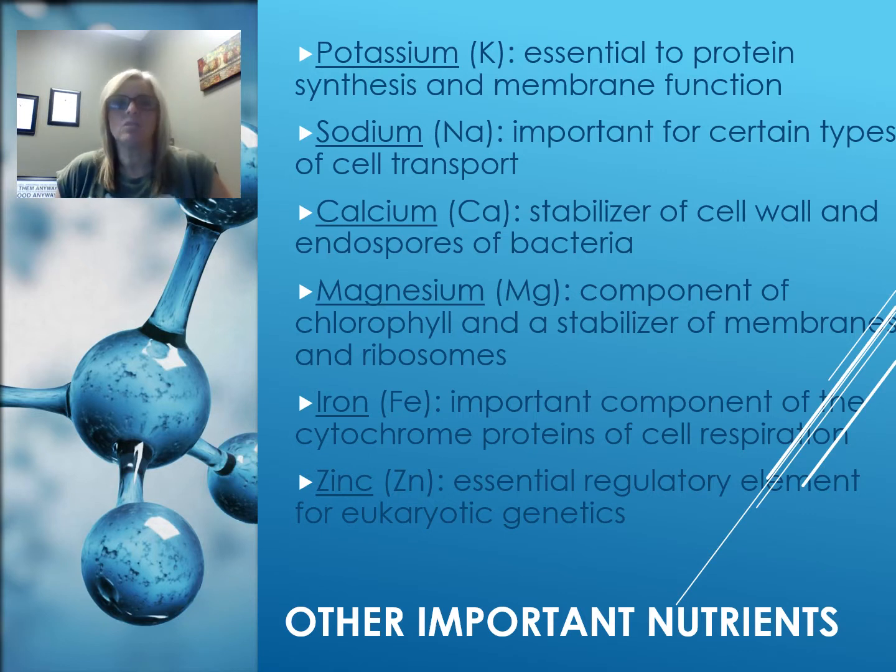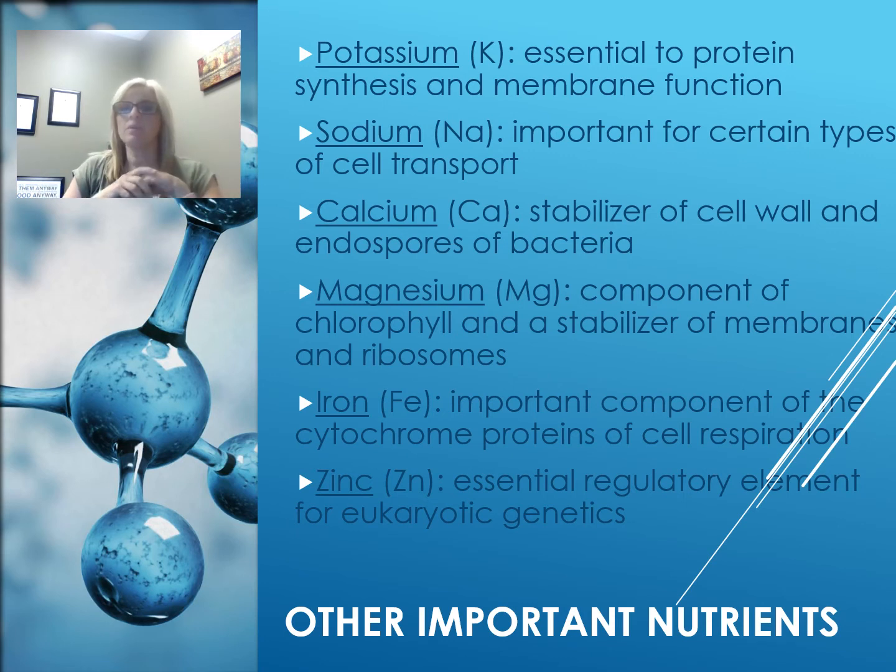Metallic or mineral ions are also very important. We only need these in small amounts, but they're very, very important. Potassium, sodium, magnesium, zinc, cobalt, nickel, iodine, things like that. Okay, potassium is really important for protein synthesis and for membrane function. We have things like the sodium potassium pump that is vital to our body. Also for cell transport, calcium helps to stabilize the cell wall and endospores in bacteria.